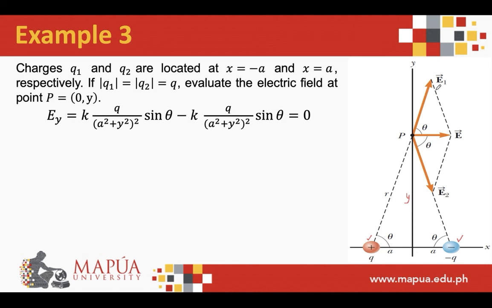For the y component of E, the y component will come from E1 and E2. This is positive, directed upward. Using the formula for E, which is K times Q over R squared, your R is the distance between P and the positively charged particle, which is square root of A squared plus Y squared.